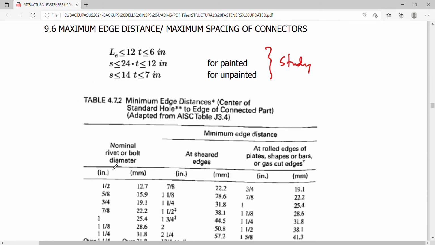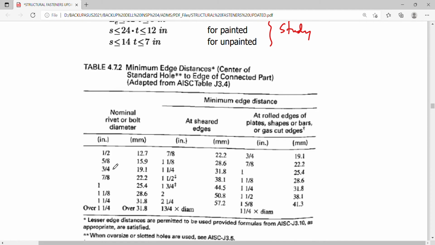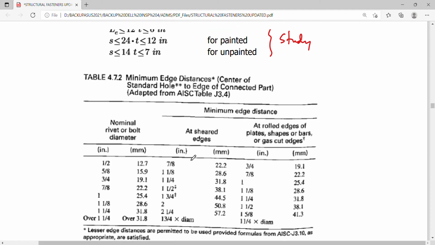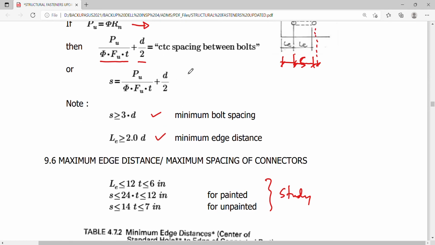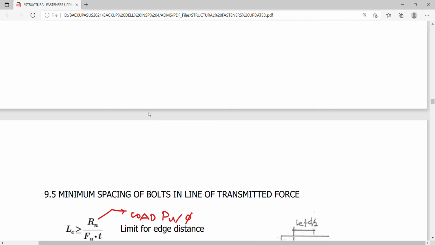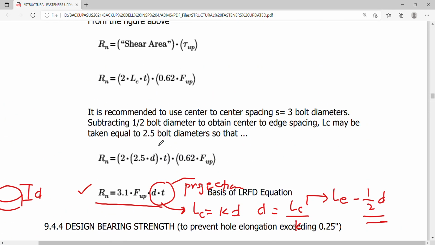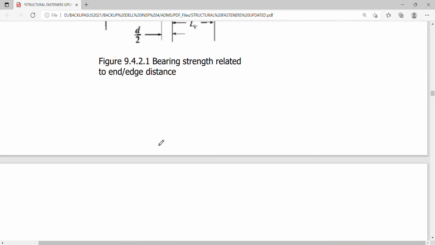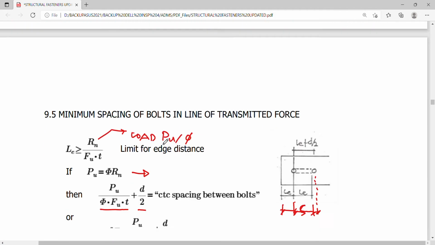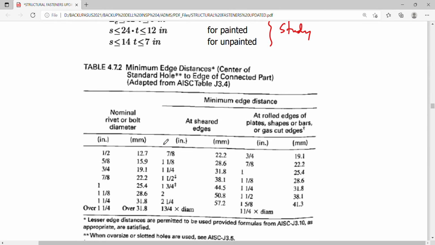So for the minimum edge distances, as based on the table now, for sheared edges, it has nothing to do with this derivation, because this is only true for bearing consideration. So if the problem is about shear failure, then we can go into the minimum values of Le and apply.